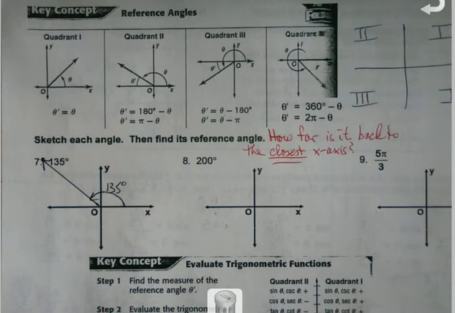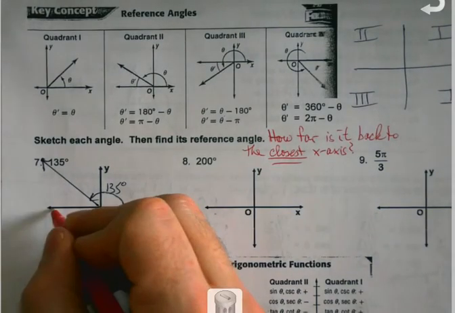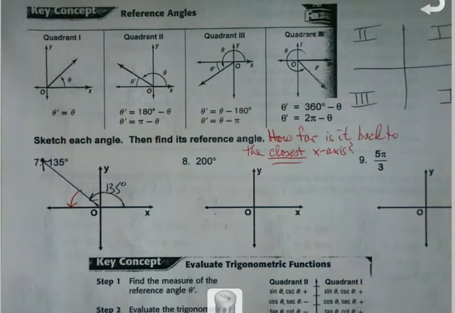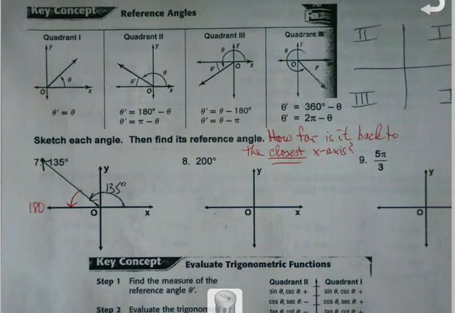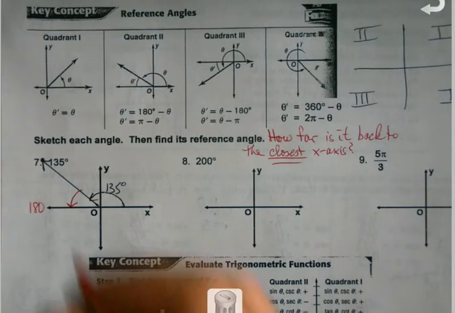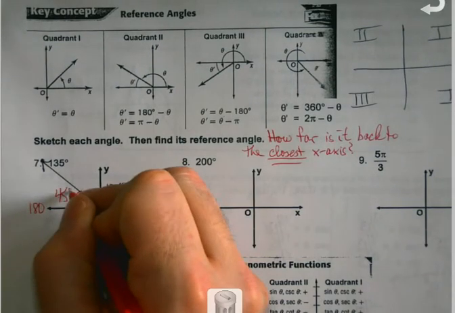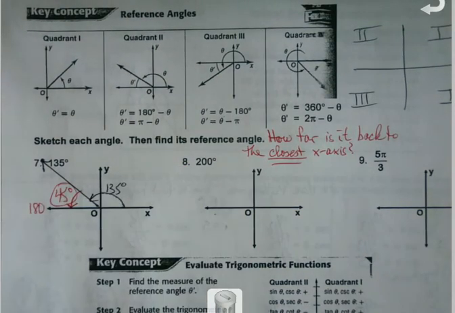But when we're asked for a reference angle, basically all you're being asked is, here's the next closest place on the x-axis. If I got all the way to there, that'd be 180 degrees. So how much of a difference is there between the two? 45. That's my reference angle.